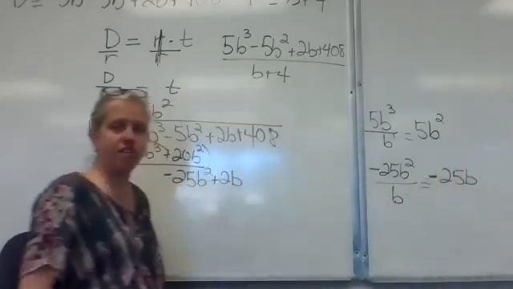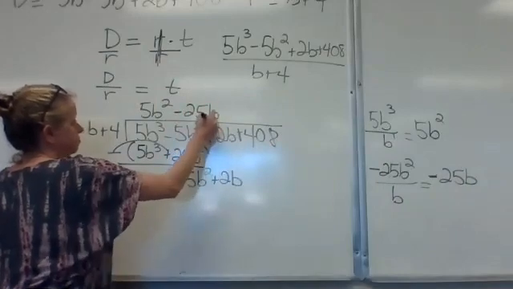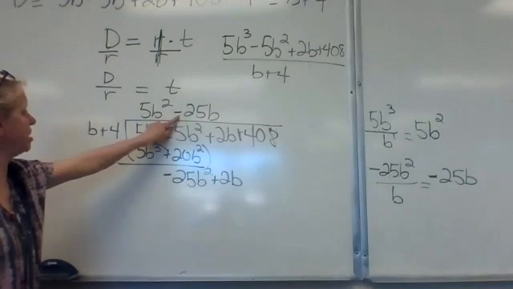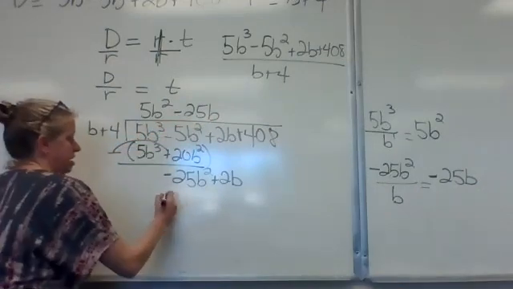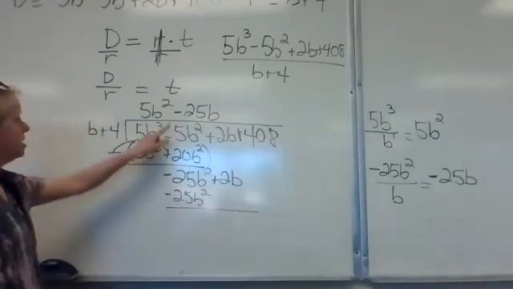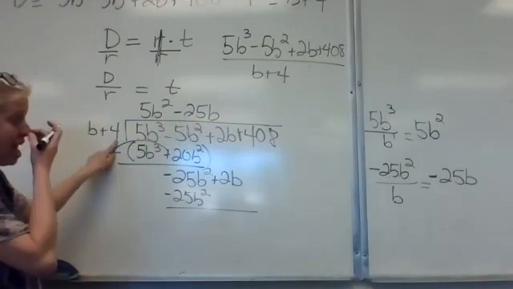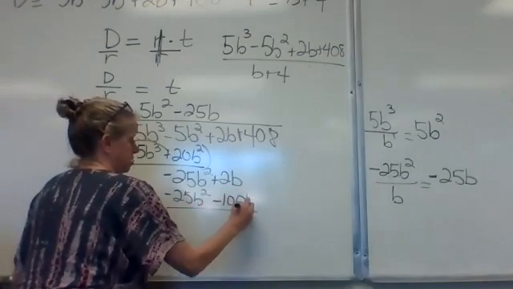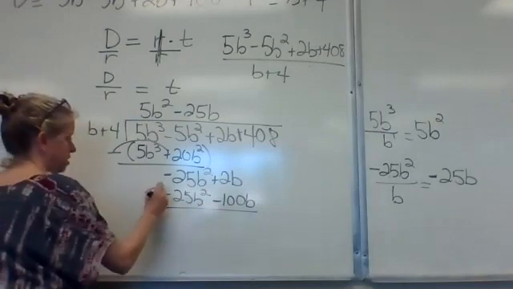So I've got negative 25b up top. Multiply negative 25b times b gives me negative 25b squared. Negative 25 times positive 4 gives me negative 100b. This is why I told you not to be worried about if your numbers were bigger than normal.